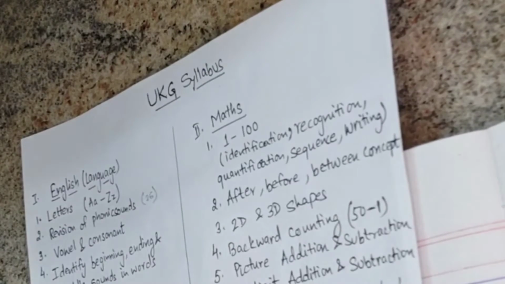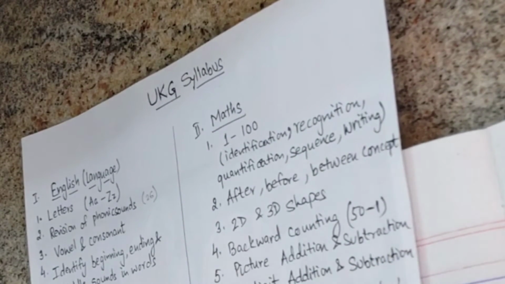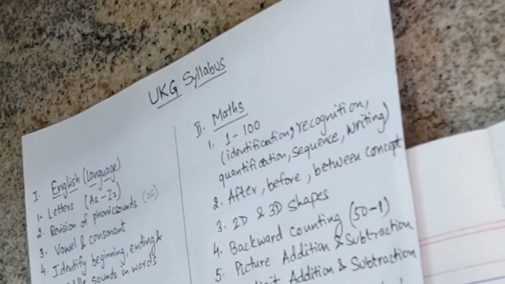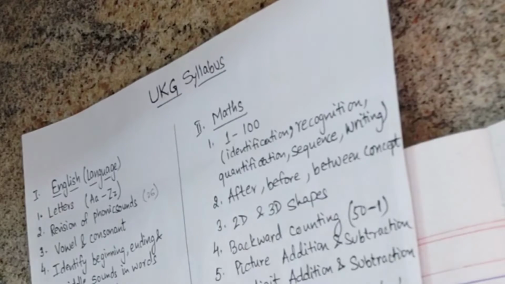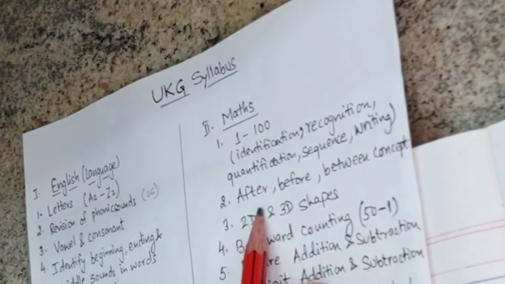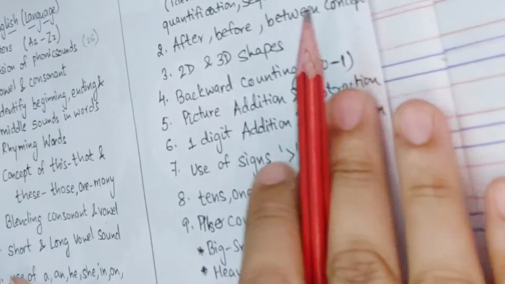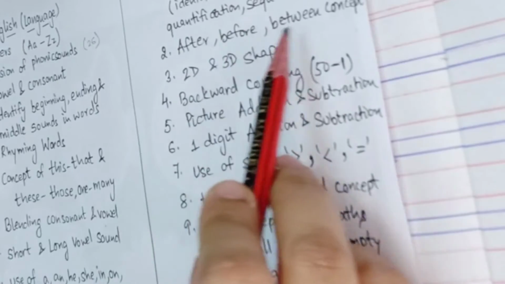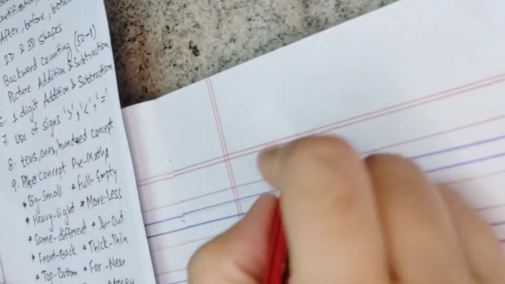At this point they should also be able to write 1 to 100. Last year, that means for LKG, it was till 50. Now from 50 to 100 also, the total overall is 1 to 100. Next is the after, before, between concept. It is the same as we have done for LKG.